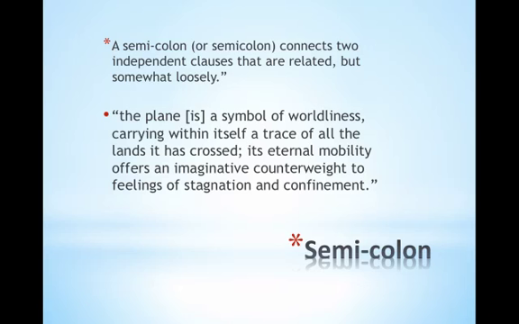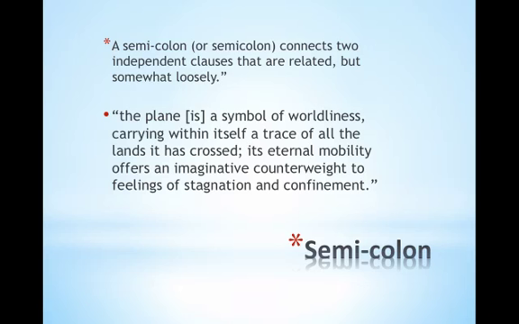So we see that there's some grammatical connections here. The plane is the subject of the first sentence, the first independent clause, I should say, and the "its" that comes straight after the semicolon is a pronoun that refers back to the plane. As such, it's tying these two sentences together because we know they're about the same thing.